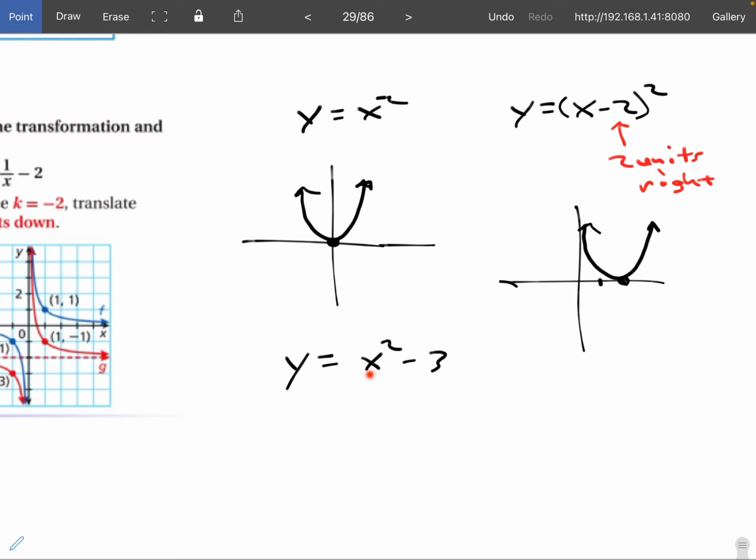Now this is the whole function here. It's the whole function, x squared, the whole function minus 3. So what that does is it actually subtracts 3 from all the y values on this graph. So which way do you think that would move the graph then? If I subtracted 3 from all the y values on this graph, where would the graph go?